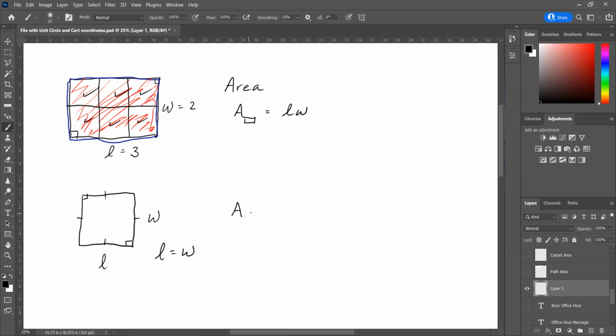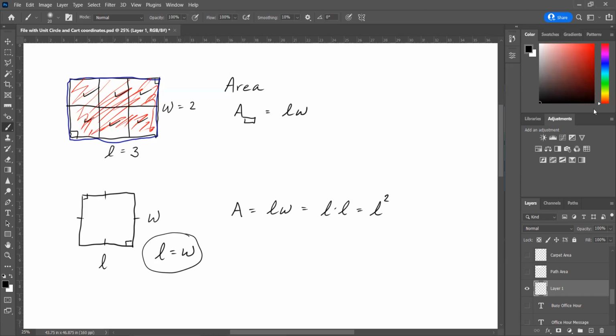So our area was, from a rectangle, length times width, but if length equals width, we could replace that first W with an L, so it's L times L, which is L squared. And that's actually how we came up with calling that a square when you raise something to the second power, because we are finding the area of a square.